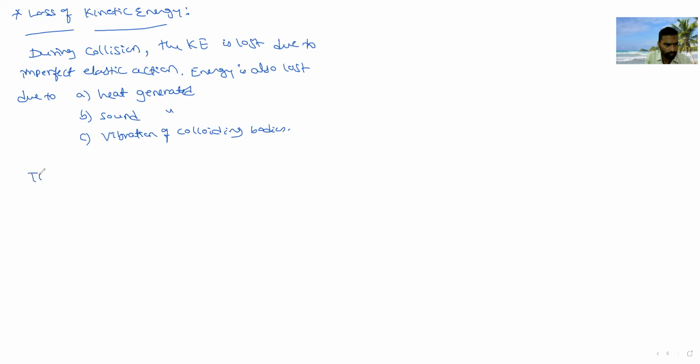The loss of kinetic energy can be found by finding kinetic energy before impact and after impact.